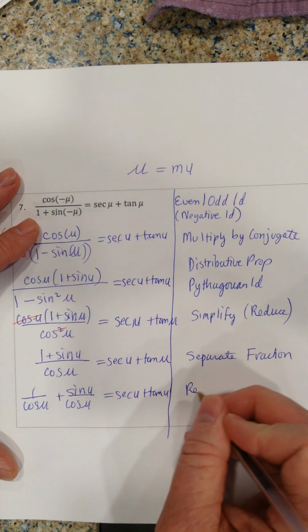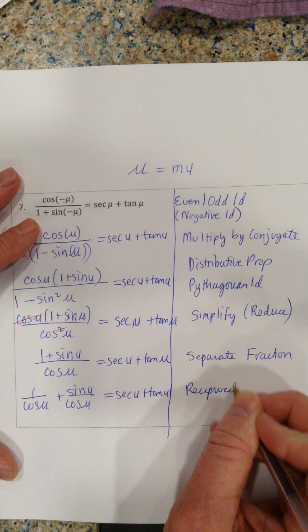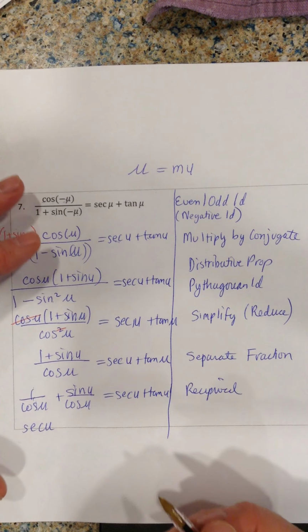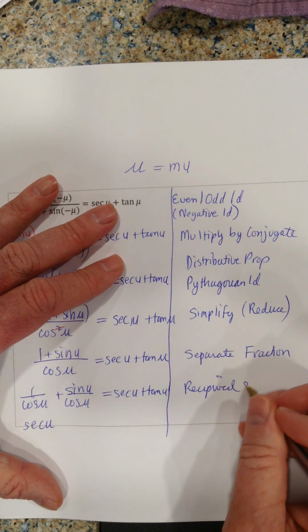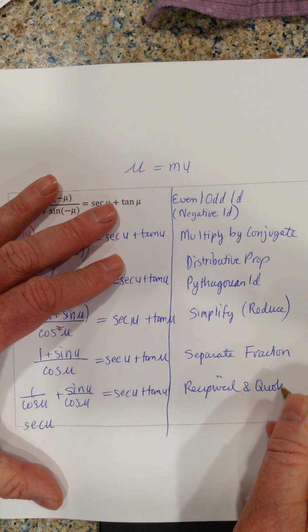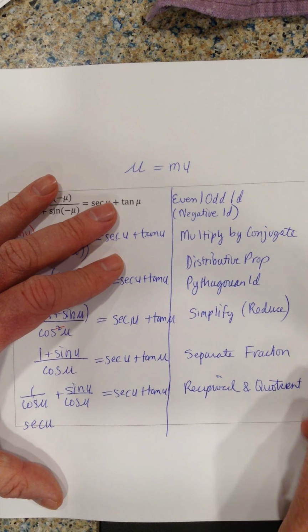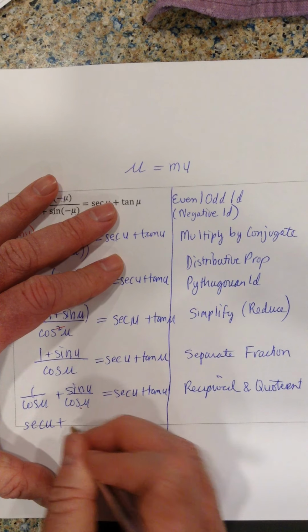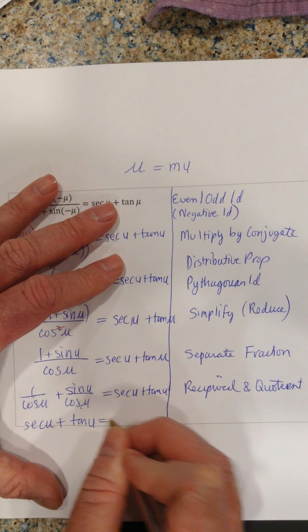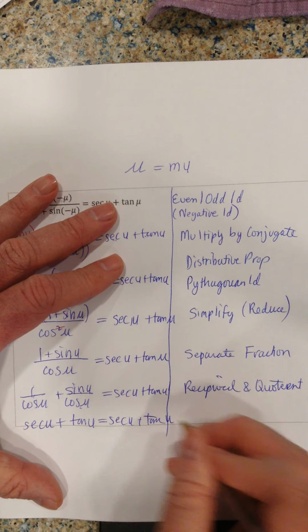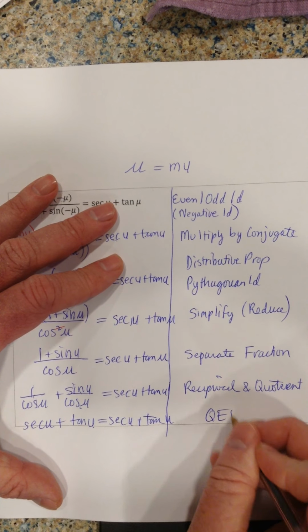So if I use my reciprocal identity, this becomes secant of mu. Then if I use the quotient identity, that makes sine over cosine tangent. So I got what I want, QED.